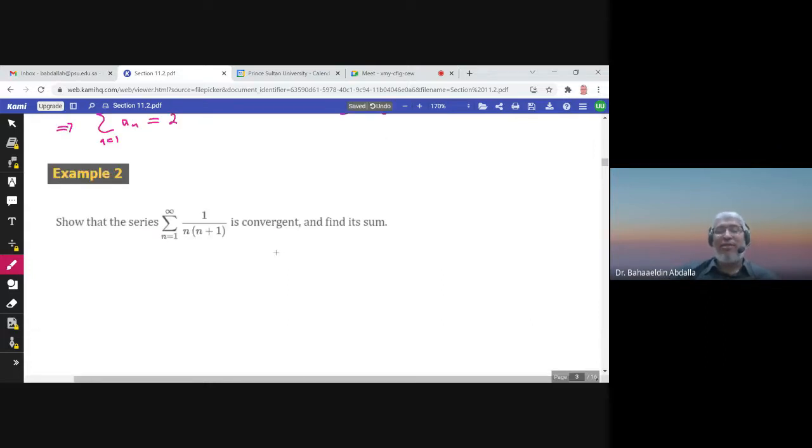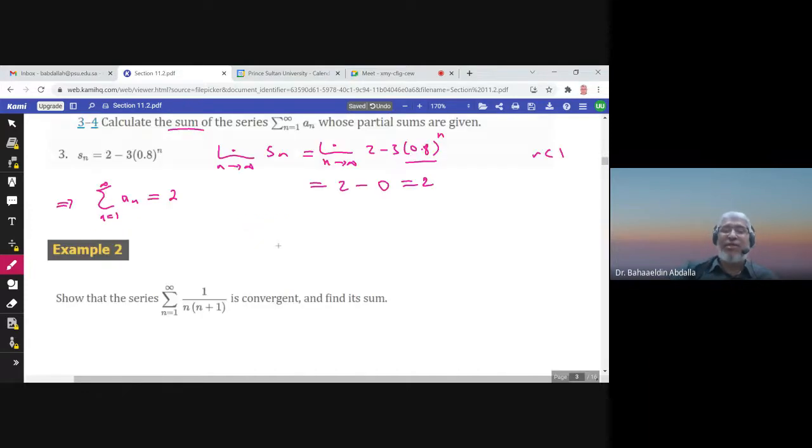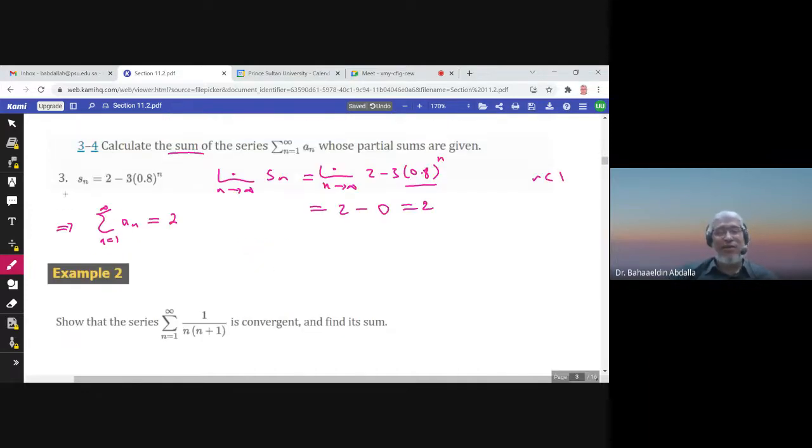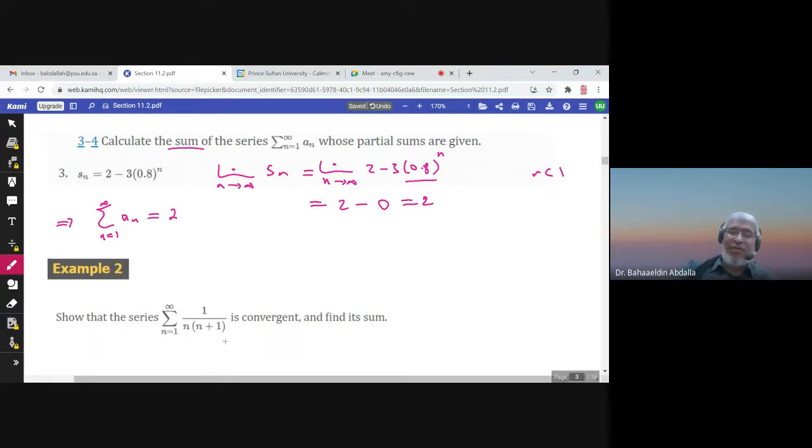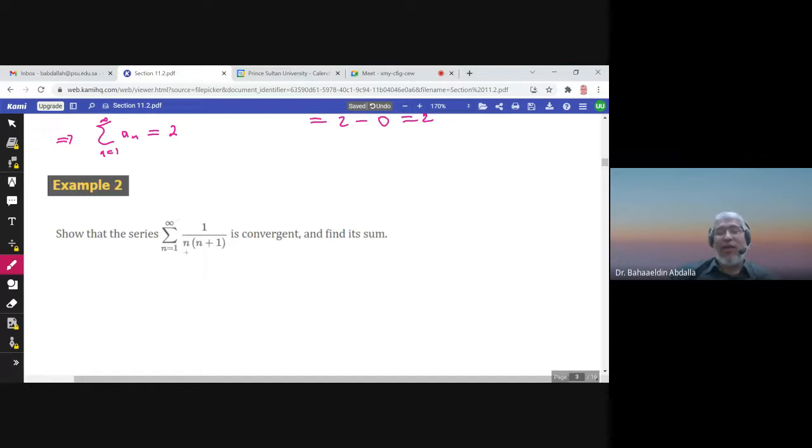And we can find Sn for this series. So this kind of series, when you have here n times n plus 1 or n times n plus 2 or n minus 1 times n or times n plus 1, you can actually deal with this series and find Sn, the nth partial sum.